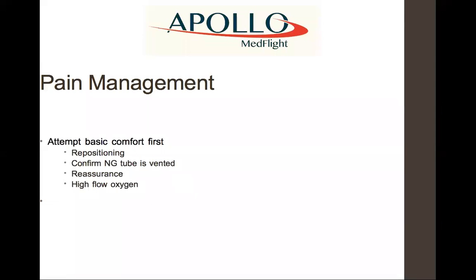Throw that Toomey syringe in there and see if you can pull up some gastric juice to alleviate that. Because once we get up to altitude, Boyle's law is going to be in effect again, and it's going to cause some severe abdominal issues, and also can cause some respiratory compromise as the gases expand in the stomach.